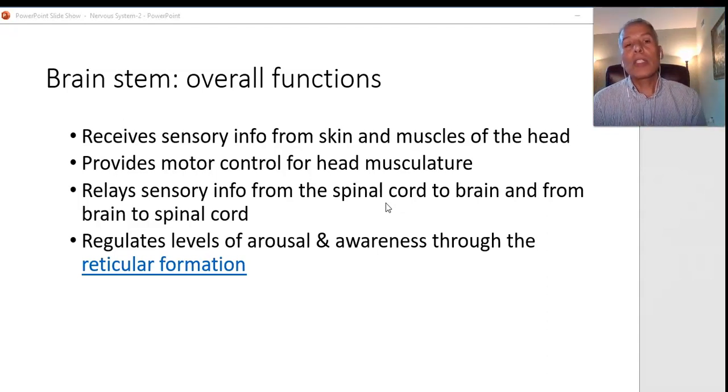It also serves as a relay for sensory information from the spinal cord, about, for example, how you move your trunk, your legs, your lower body, your toes. And it also regulates levels of arousal and awareness through a structure called the reticular formation. That reticular formation is the oldest part of the brainstem.